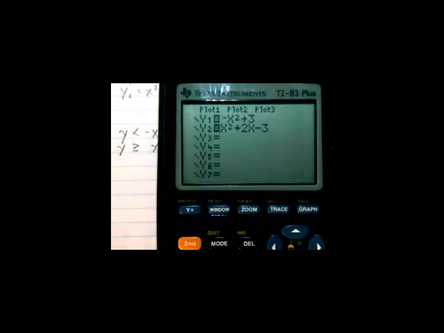So when you type these in, nobody ever thinks to do this, but you can actually, with your little arrow buttons, move over to where this little slash is next to the Y1, Y2, etc. That's telling you what kind of curve you're going to make. So right now it's saying make it a nice solid curve, okay? If you hit enter, you can toggle through some different things it'll do.